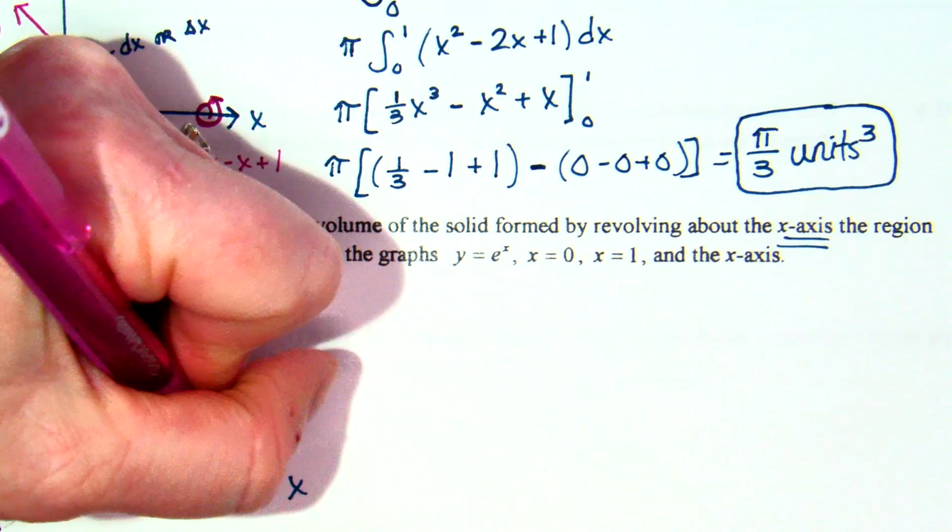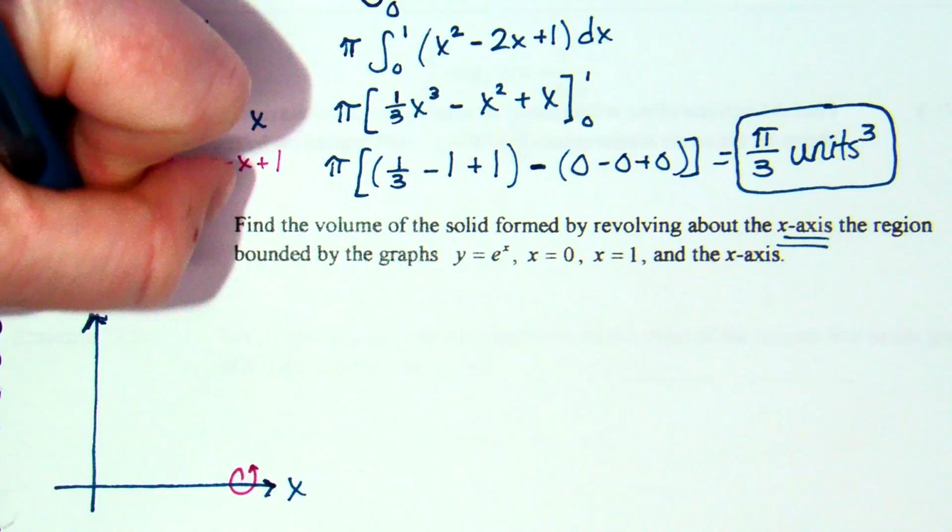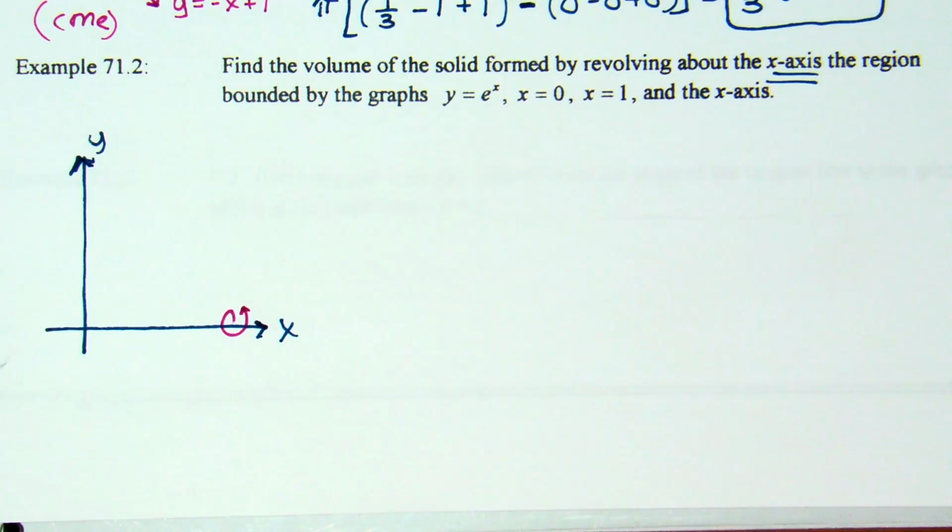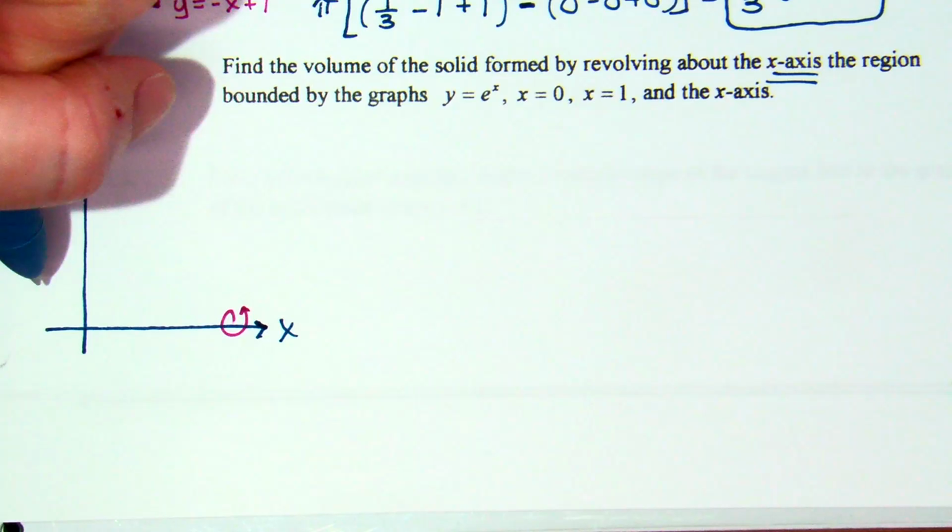Okay, what does y equals e to the x look like? Yep, good. Exponential graph runs along the left, along the x-axis, has a y-intercept, cuts through at 1 and continues up, right?